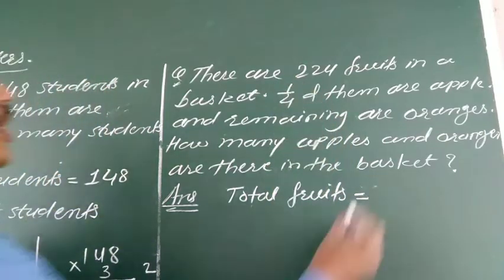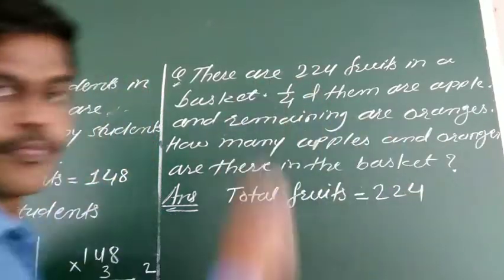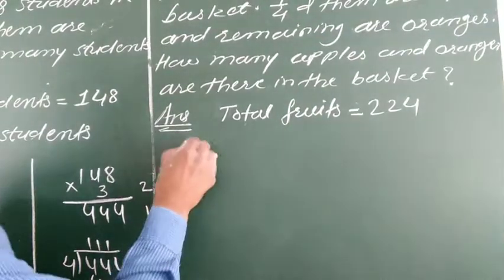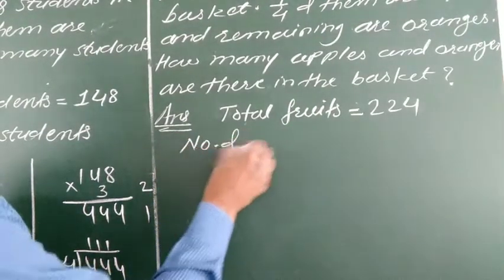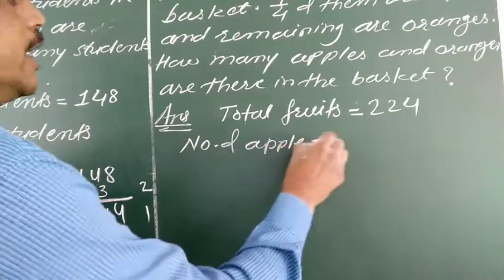So see total fruits equal to 224। Now number of apples is equal to what?